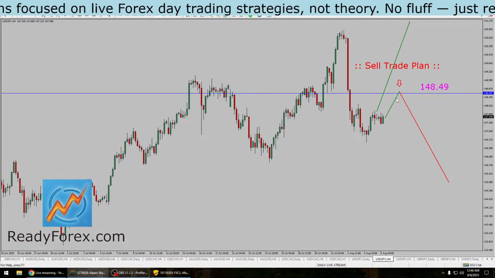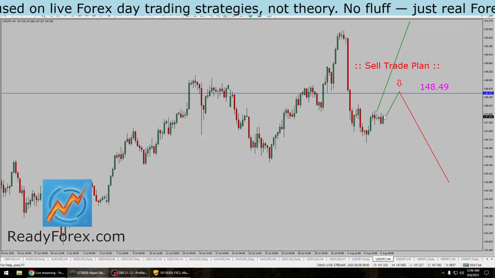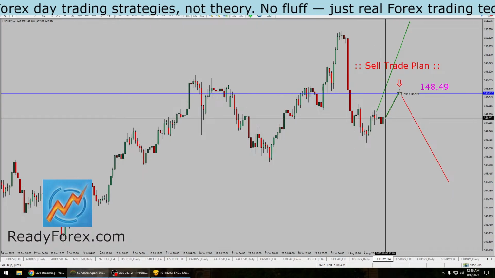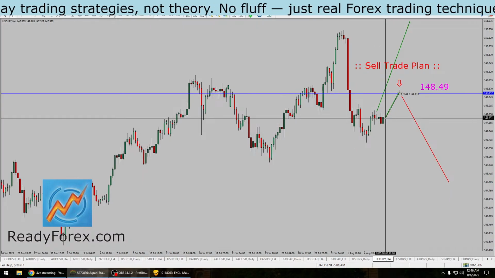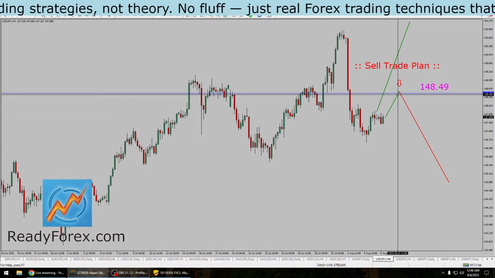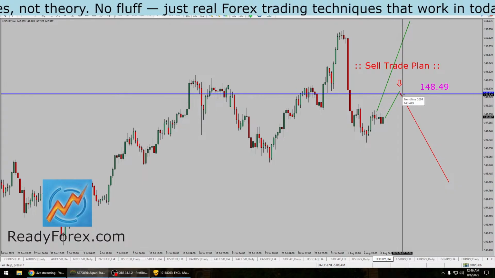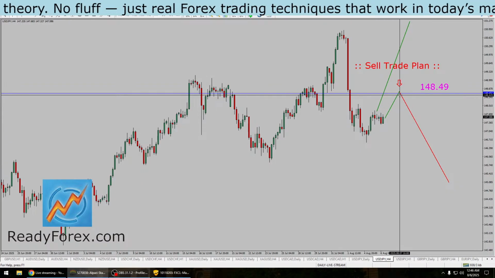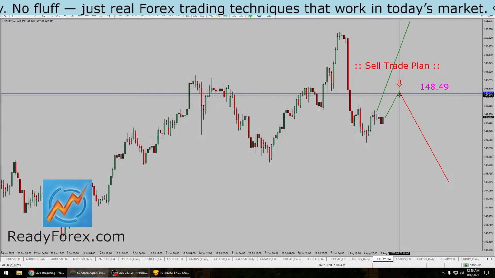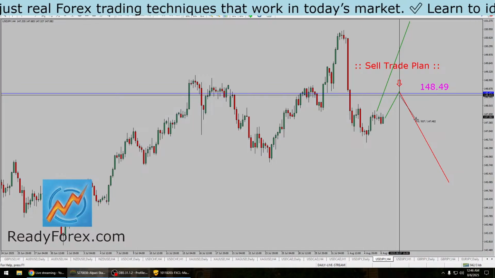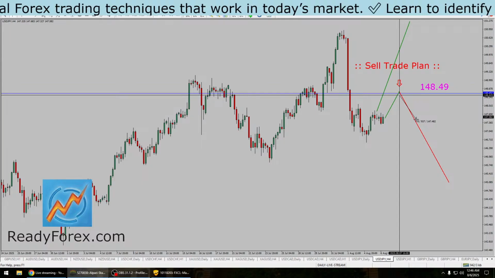Again, like I've said earlier, the idea over here is to wait for the price action to first test the 148.49 level, and then create some sort of a top, maybe a bearish candlestick pattern appears, something like that. You can use some technical indicators as well, and then wait for the price action to start the decline, then look for an entry.